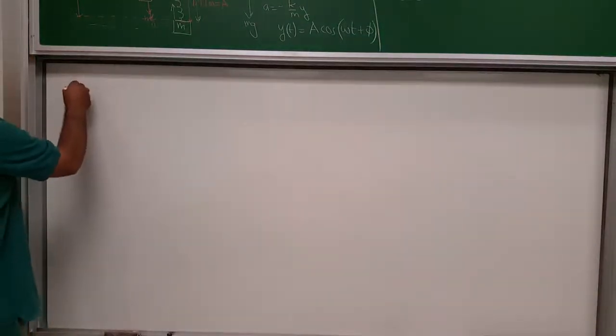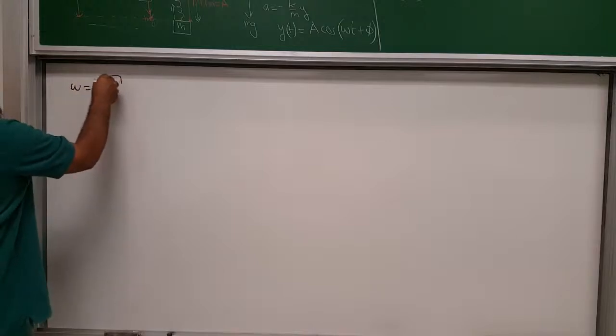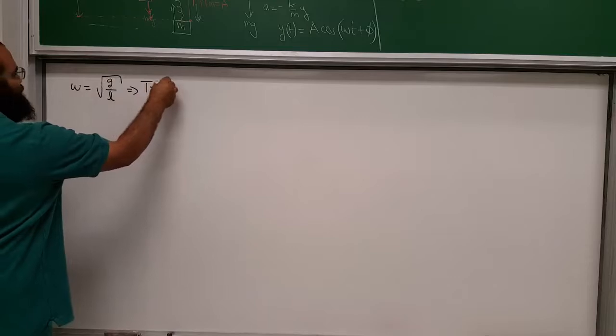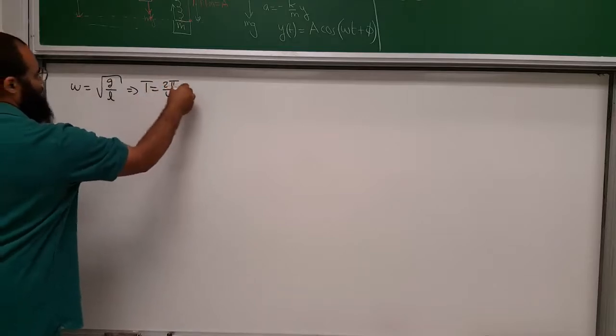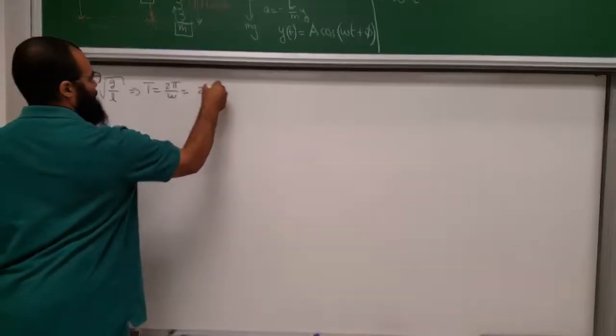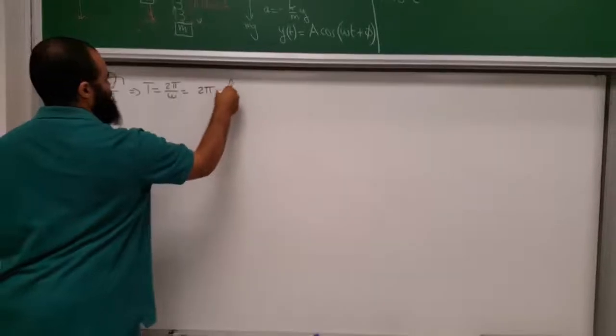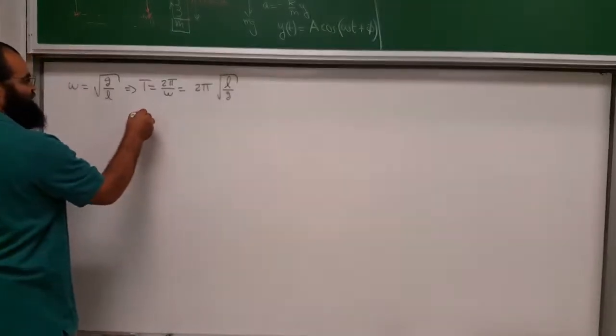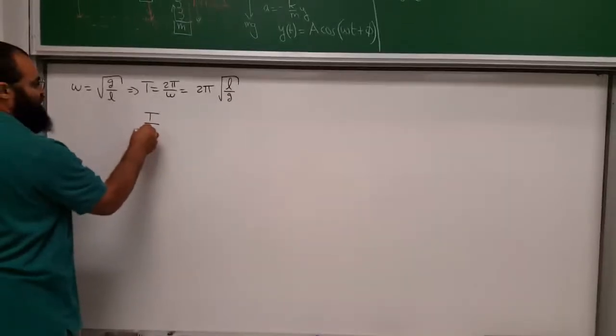And so the period, which is 2 pi over omega, is 2 pi times the square root of L over g. If you square both sides, you get this. Let's divide by 2 pi first.